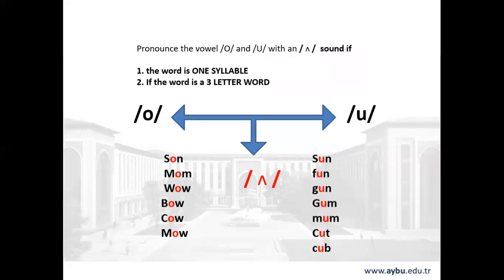by one syllable, it means that there is only one sound in the word. And that word has 3 letters in it. And within that word, the vowel that can be found is an O or a U. Then in such a situation, the sound becomes A. Let's take an example.